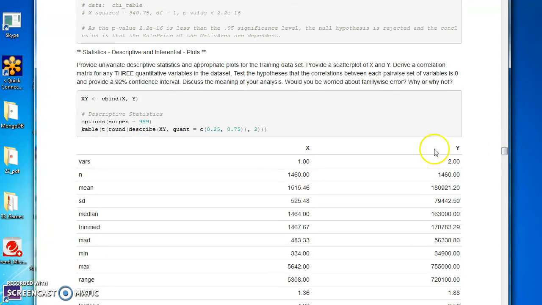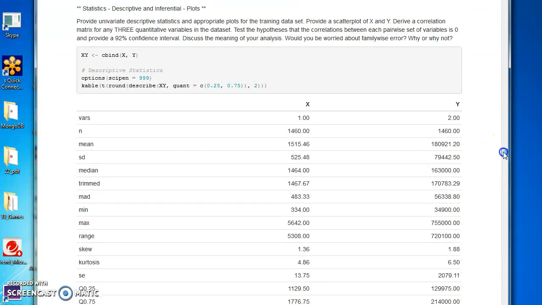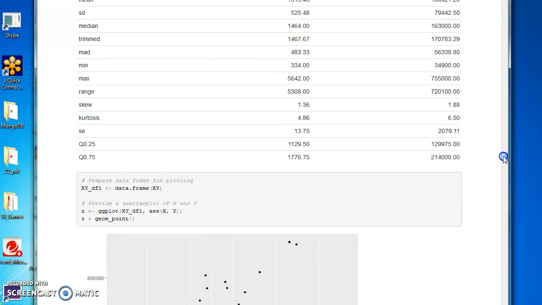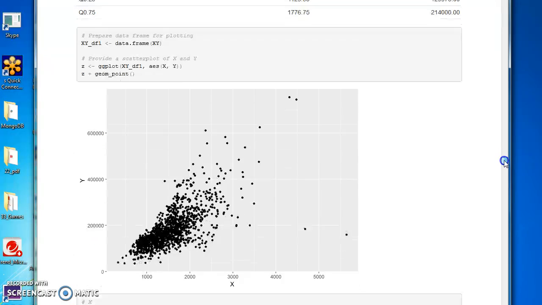So now to look at statistics, we took a look at some plots, derived some correlations, and then checked the correlation of the pairwise set of variables as 0 at the 92% confidence level. So I took a look at the data together for X and Y, greater living area and sales price, and then plotted them here together.